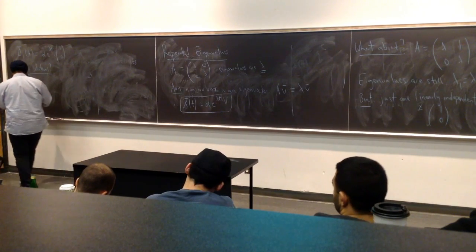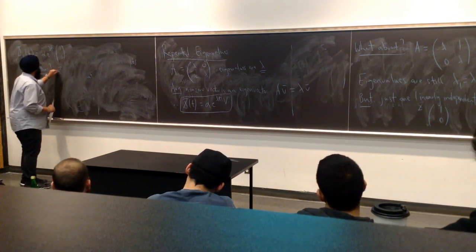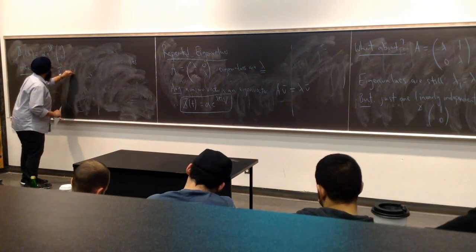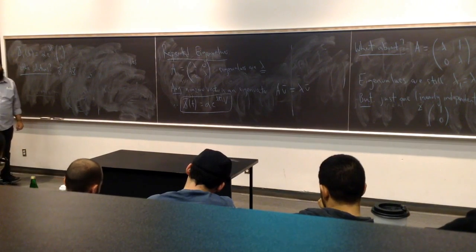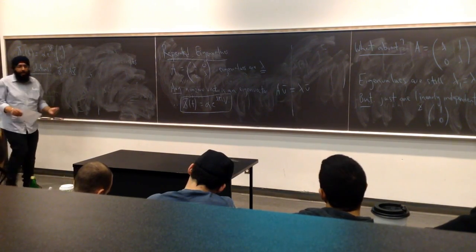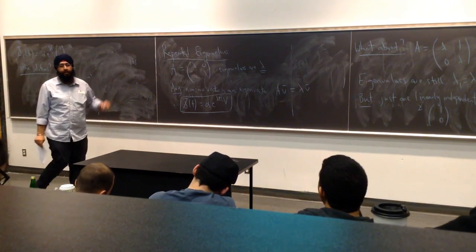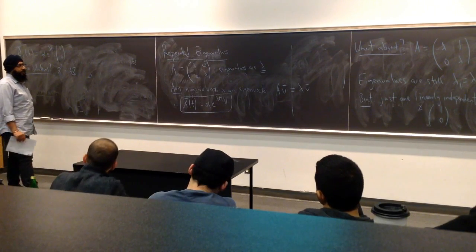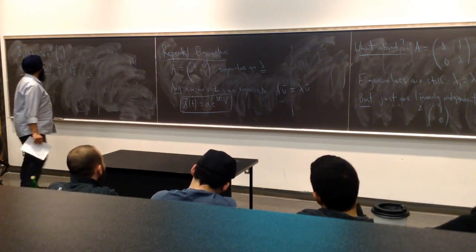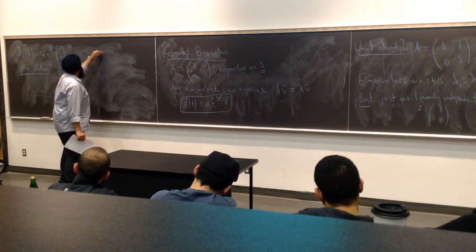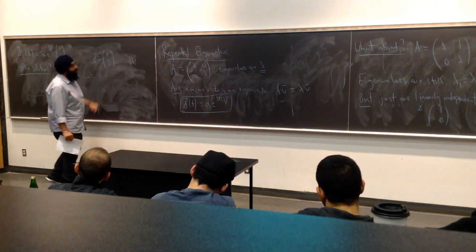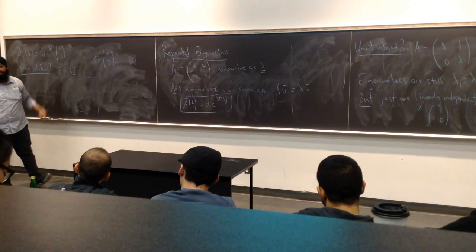Well, if I look at this matrix, x prime is equal to Ax once again. Let me write it out in component form, as I've done a few times. Given that matrix A, and given that x is generically just (x, y), let me write it out in equation form.